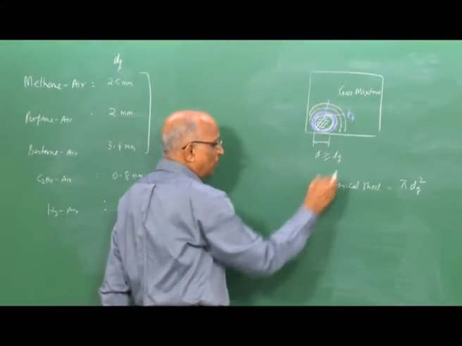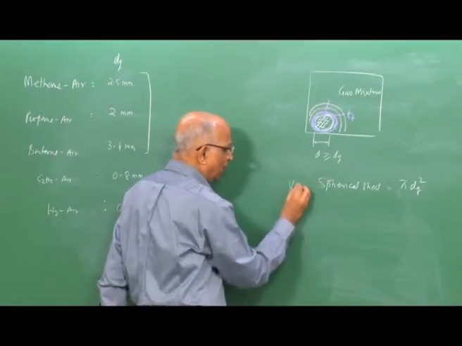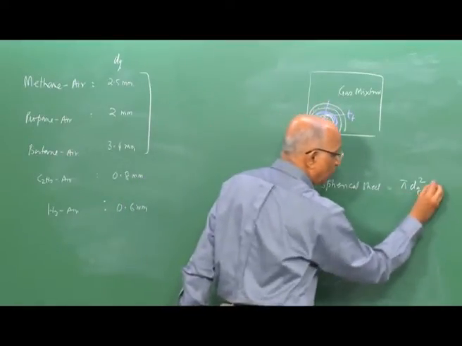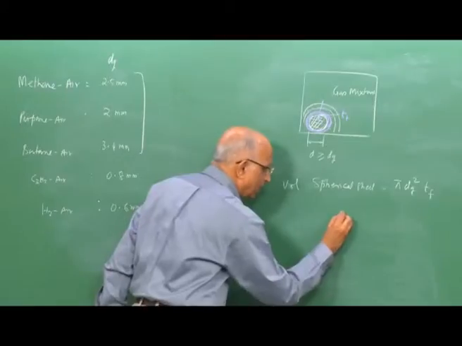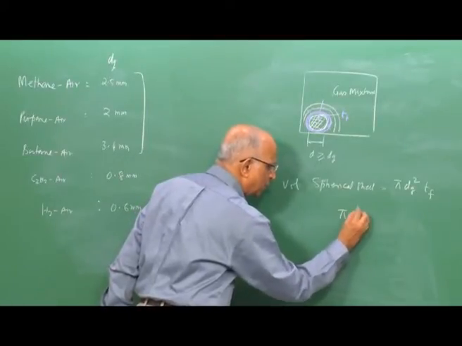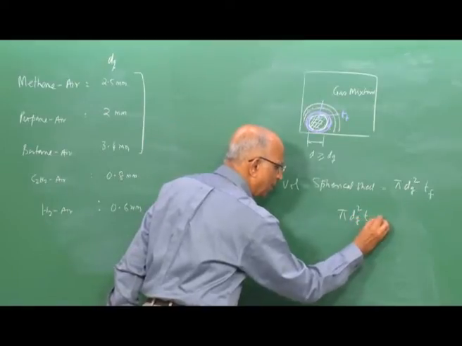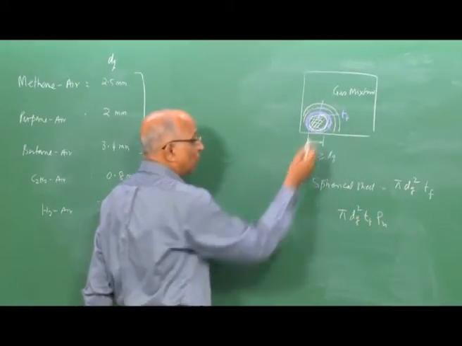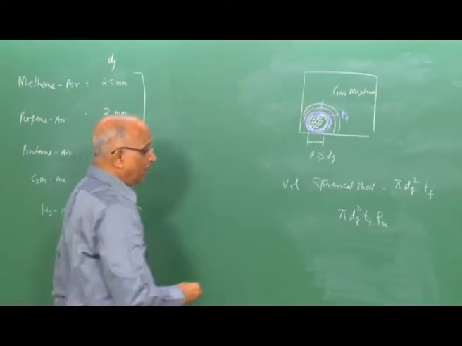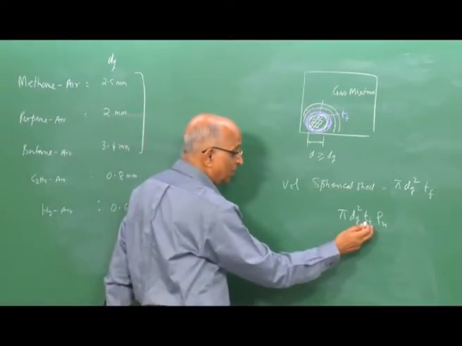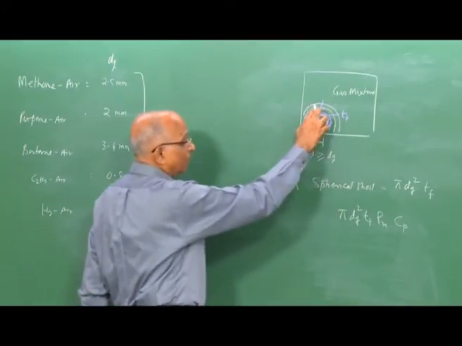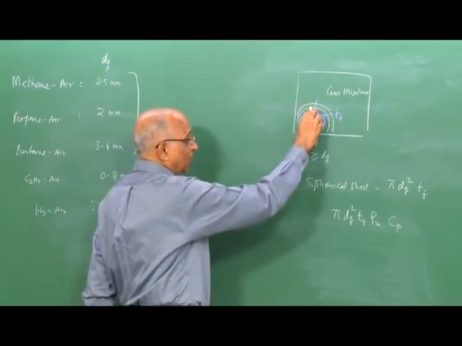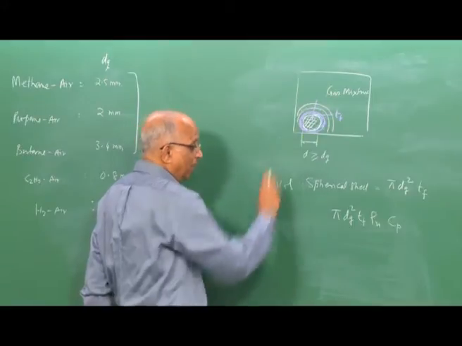Tf is small, therefore the volume of the spherical shell is equal to pi dq square into Tf. The mass of the spherical shell is equal to pi into dq square into Tf into rho u, the unburned gas density which is originally there. You multiply by Cp, which gives the thermal mass of this spherical shell shown in color over here.